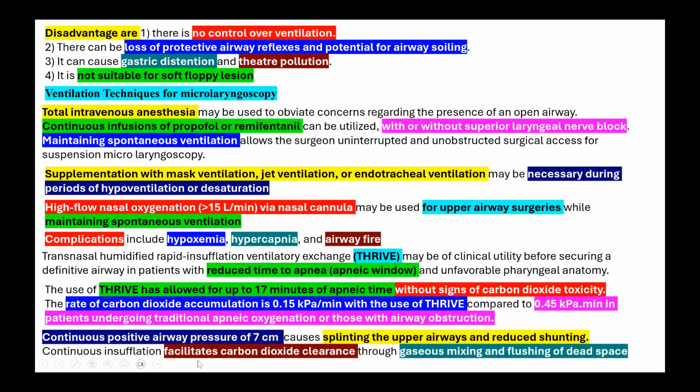And continuous insufflation facilitates carbon dioxide clearance because in THRIVE you supply 60 to 70 liters of oxygen at a fast rate, so that clears the carbon dioxide and it causes flushing of the dead space also. So the patient will be filled with more oxygen and you can maintain anesthesia with TIVA. So by using THRIVE and TIVA, nowadays most of the cases can be easily managed.